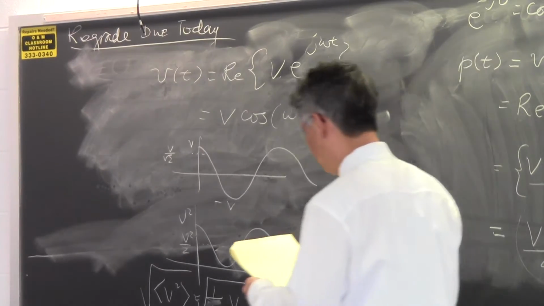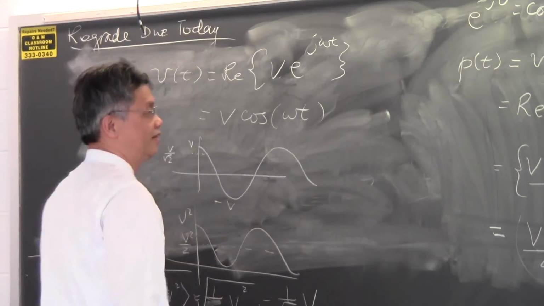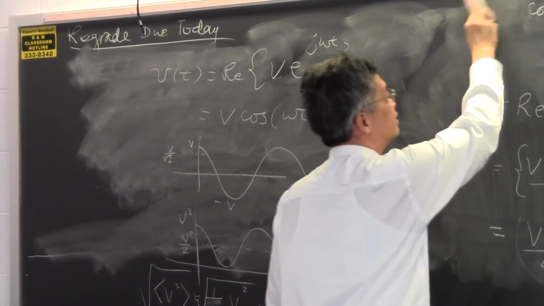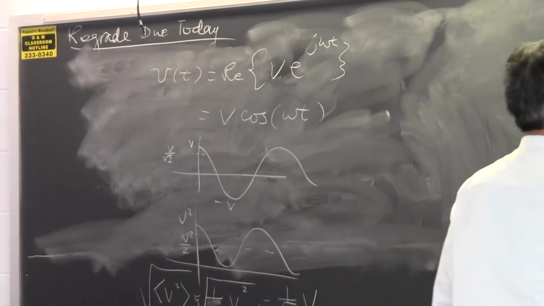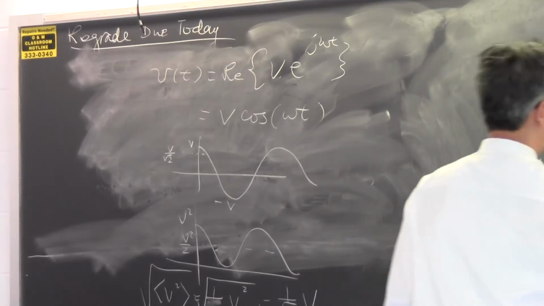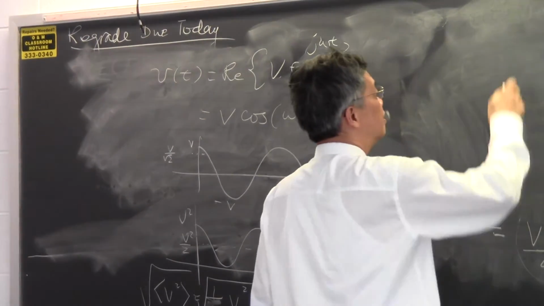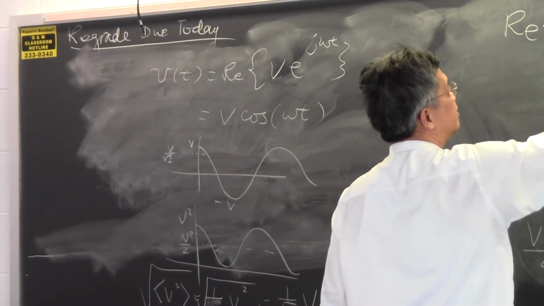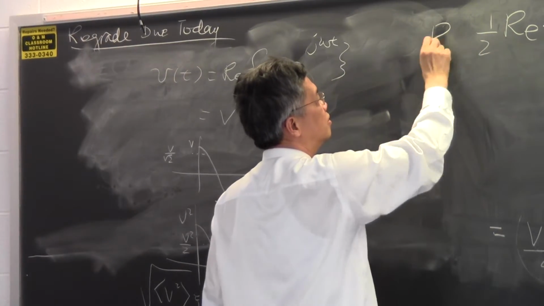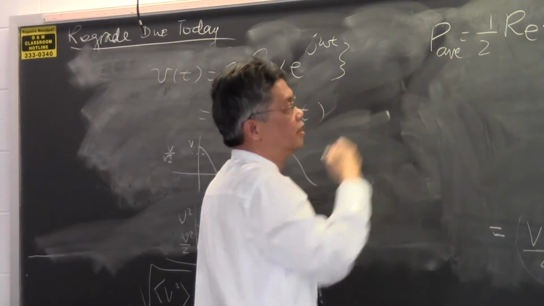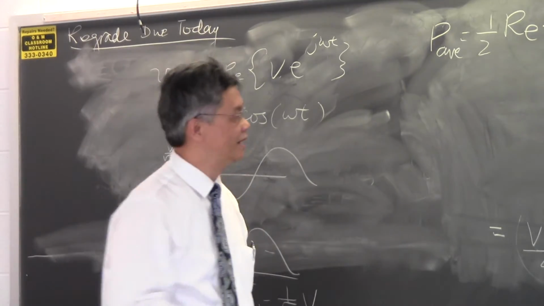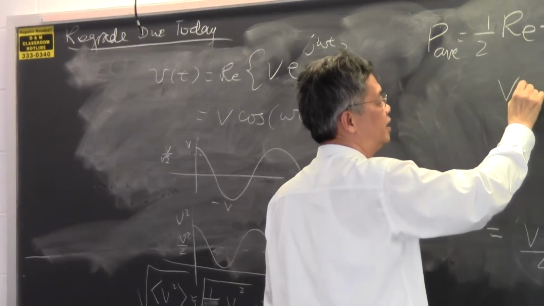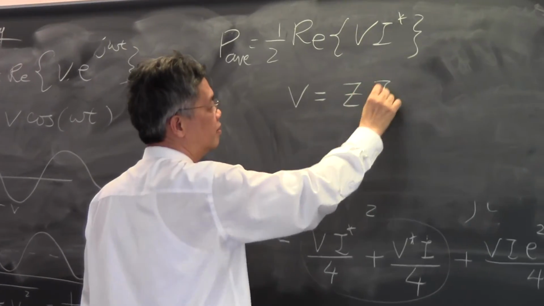So let's do an example. One of the things that you should notice is that if a circuit is purely inductive or capacitive, then if I take the real part of this quantity, for a purely inductive or capacitive circuit, say if you have an inductor, V is equal to Zi.